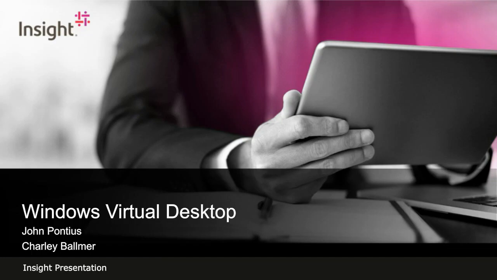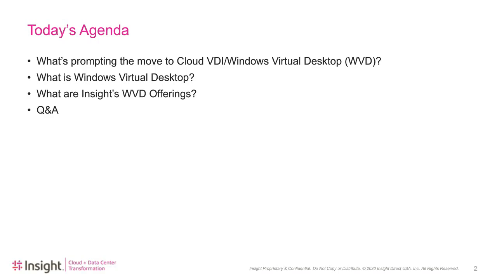So today we want to talk about a couple of things. We want to talk about what's prompting the move to Cloud VDI and Windows Virtual Desktop. So what are some of the things that we're seeing out in the market that are causing organizations to look at cloud-based desktop solutions? We're going to talk about what Windows Virtual Desktop is and why Windows Virtual Desktop is the best cloud-hosted Windows 10 ready platform for your organization to start hosting your desktops and applications in the cloud.